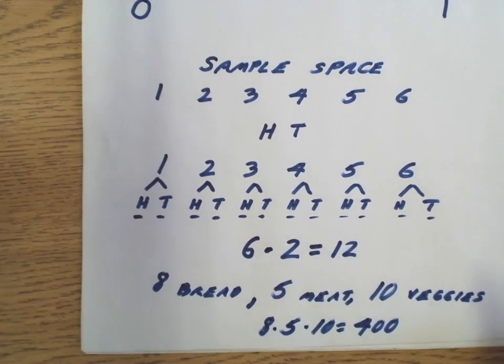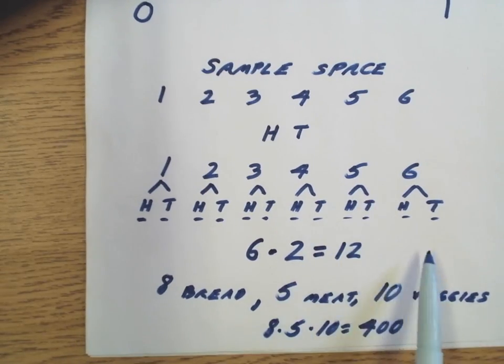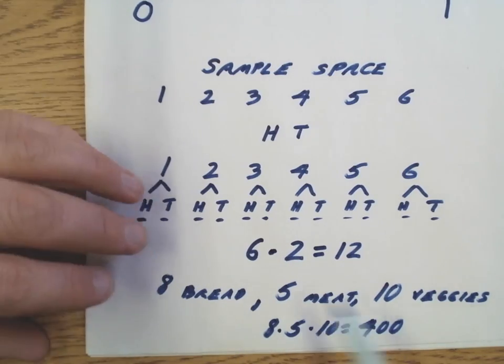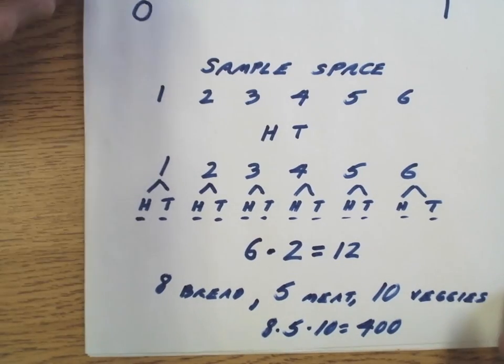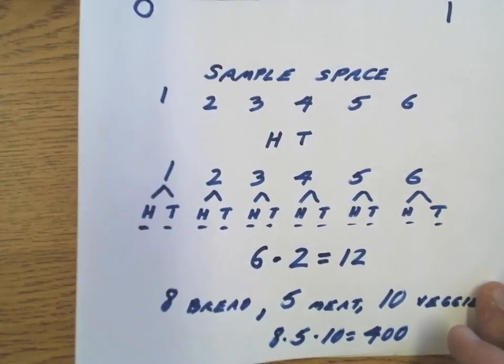Now, we know that sometimes sandwiches have more than one meat or more than one vegetable on them, so that number could be even greater than that. So this is a sample space, and this shows us the fundamental counting principle. Now, let's get back to probability.